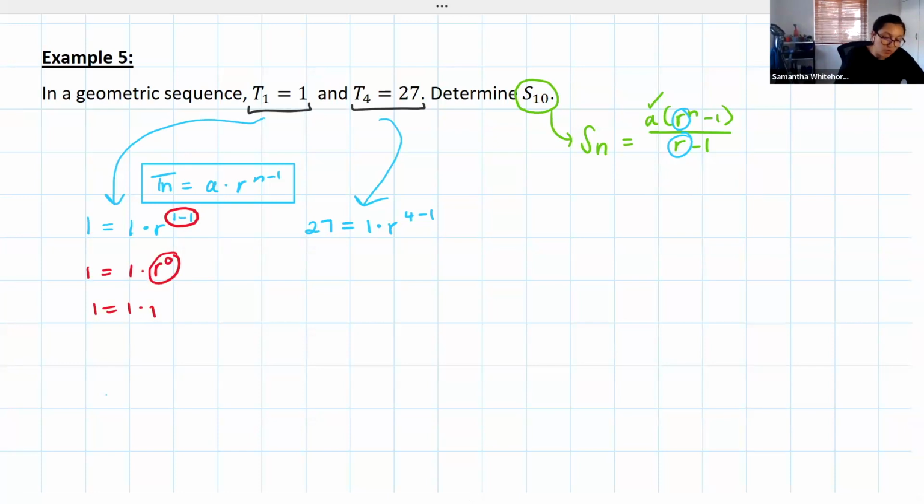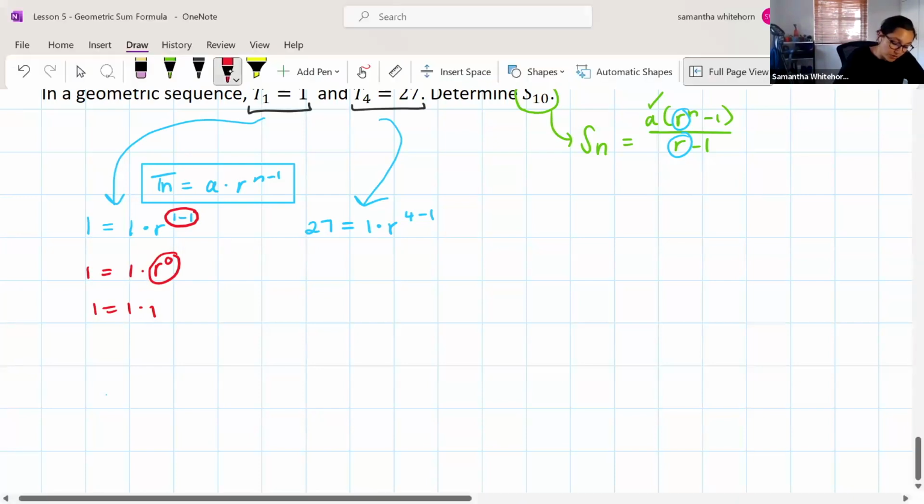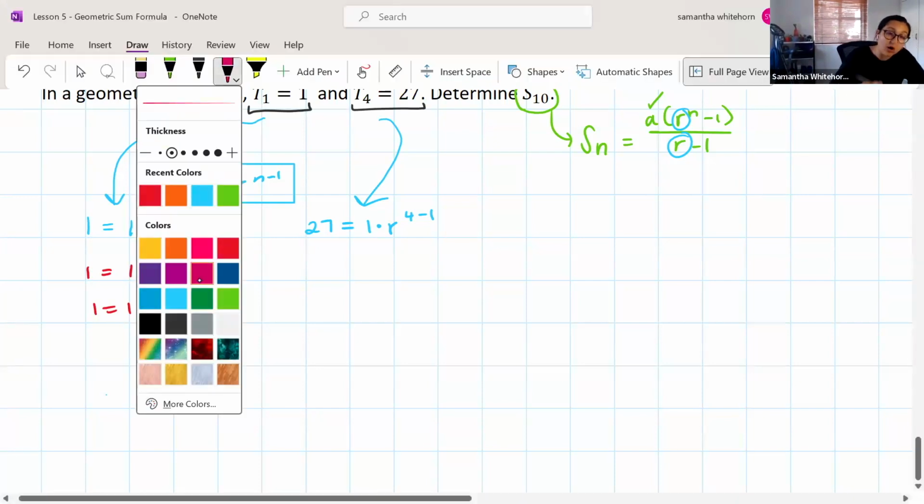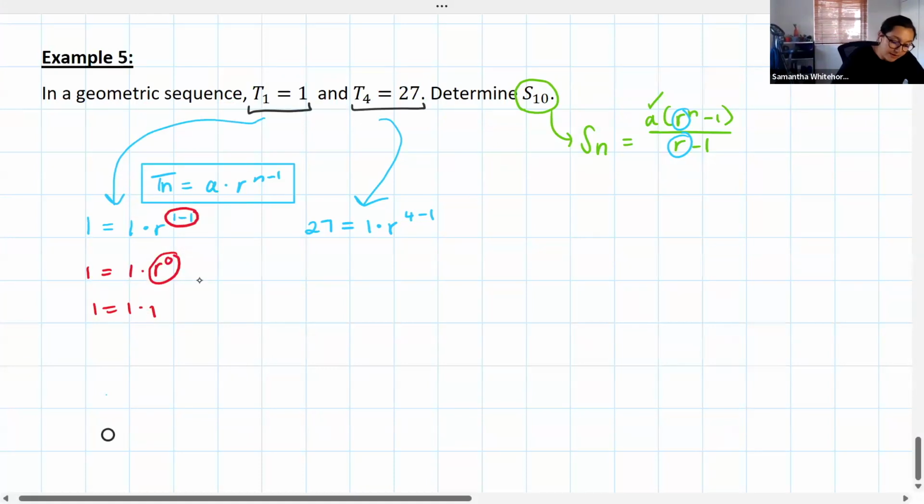So I'm not going to work with that term 1 value, and you will see this will happen every time you try and substitute in term 1. But if we go over to term 4, which was 27, we are going to be able to solve for R. What we see here is that 27 is equal to R cubed, because the coefficient of 1 doesn't do anything. 1 times anything is still that value.